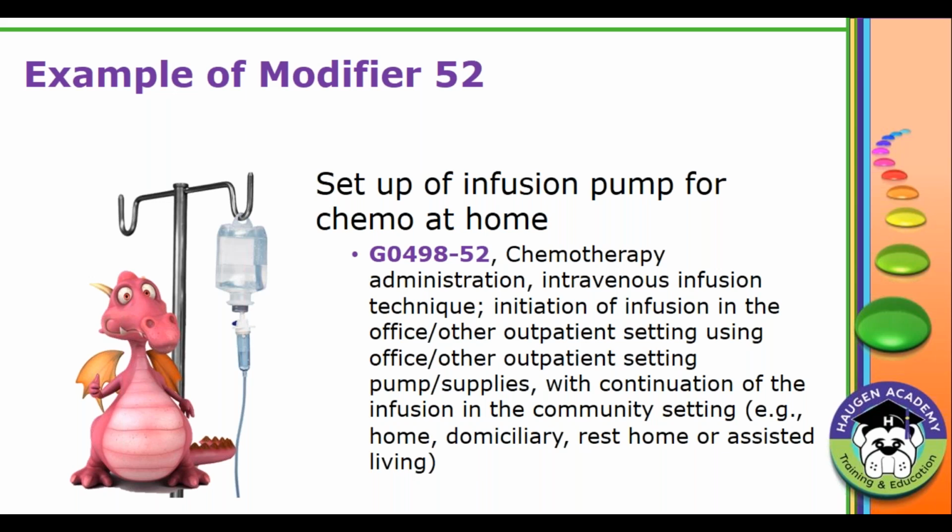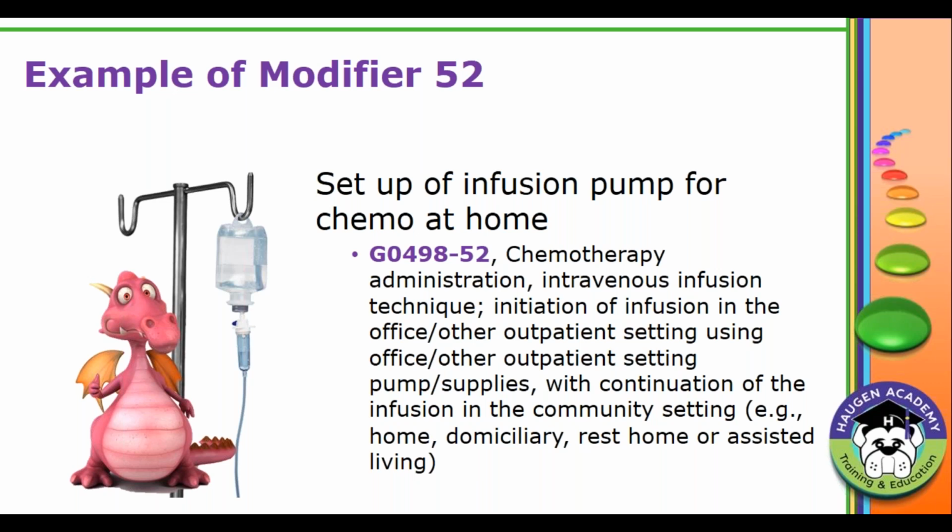An example of Modifier 52. This one's kind of an interesting one, and I pulled this one from a Medicare transmittal. There is a HCPCS code for setup of an infusion pump for chemo at home, code G0498. And it happens to include initiation of the infusion.